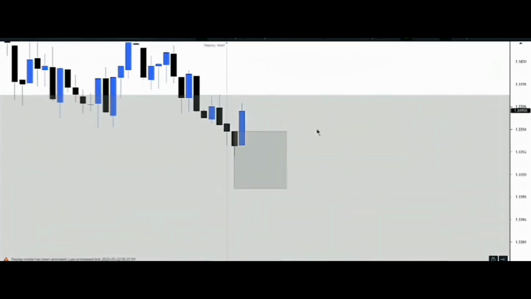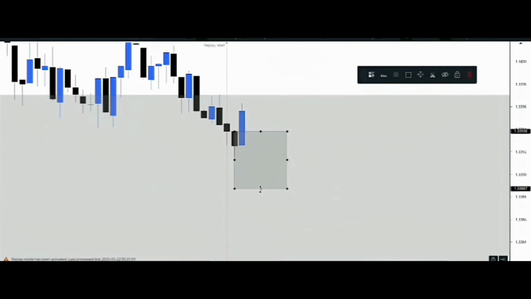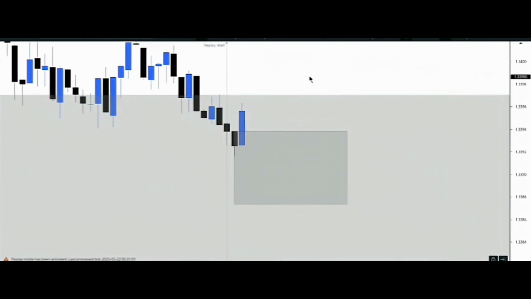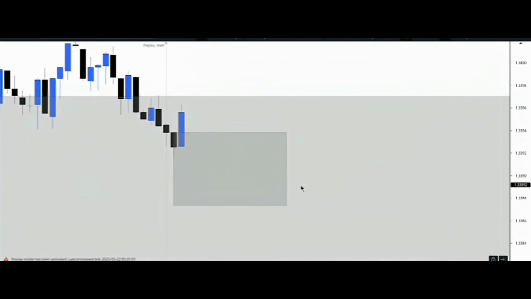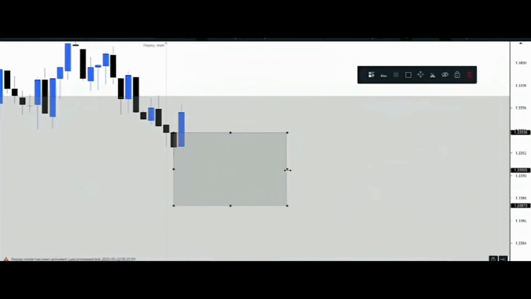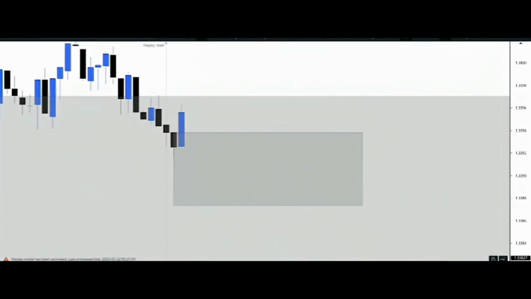Price is likely to go deeper than we expected, so let's give enough space. Because this is the 1 minute, even this space is too small. This is not up to 10 pips. It's not up to 10 pips stop loss. It's not even up to 5 pips stop loss. So let's continue and see what is going to happen.